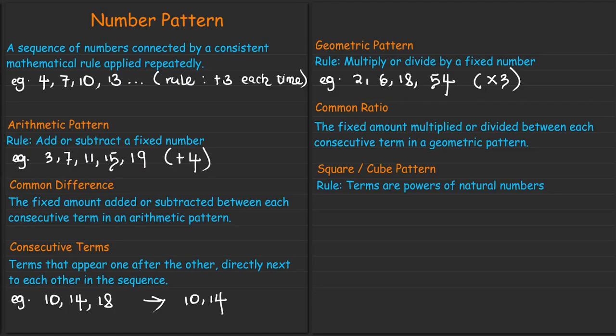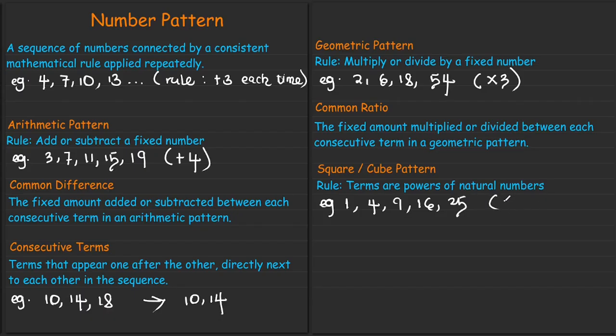So for these special sequences, one is what we call the square or the cube pattern. The rule is just what? Terms that are made up of powers of natural numbers. With this, what we mean is you can have a 1, a 4, a 9, a 16, and then 25, and it goes on and on.